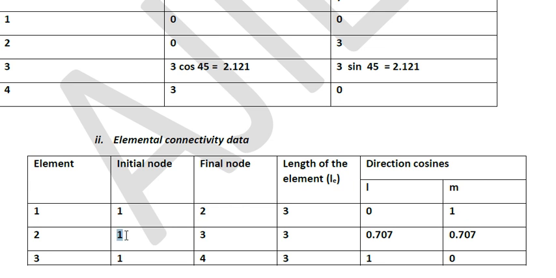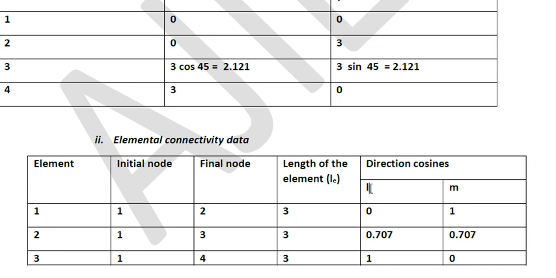Element 2 has initial node 1, final node 3. Element 3 has initial node 1, final node 4. So the degrees of freedom are 1, 2, 3, 4 for element 1; 1, 2, 5, 6 for element 2; and 1, 2, 7, 8 for element 3. The length of each element is given in the problem.